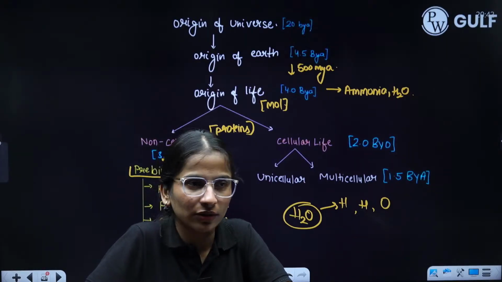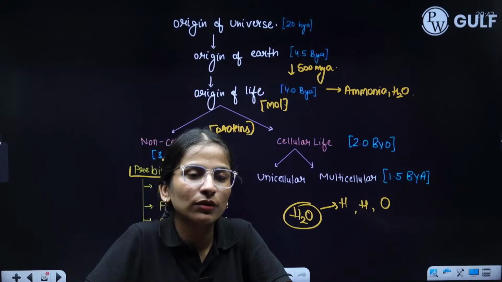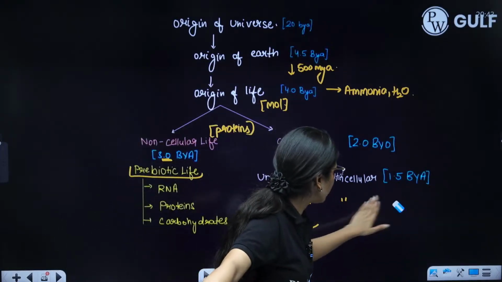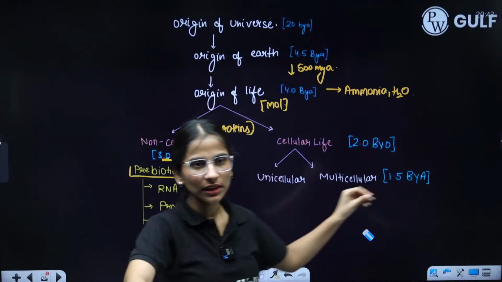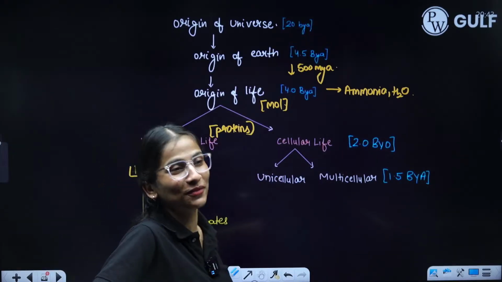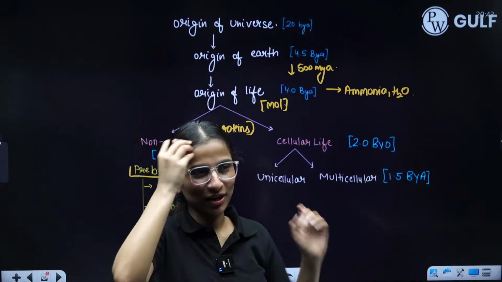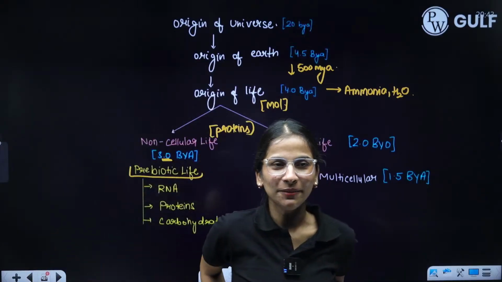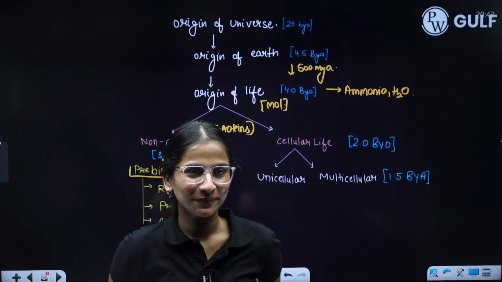Otherwise life would not have been possible. So it was the right arrangement of molecules that life came into picture. Sorry, that was a tongue slip. Earth is the perfect arrangement.